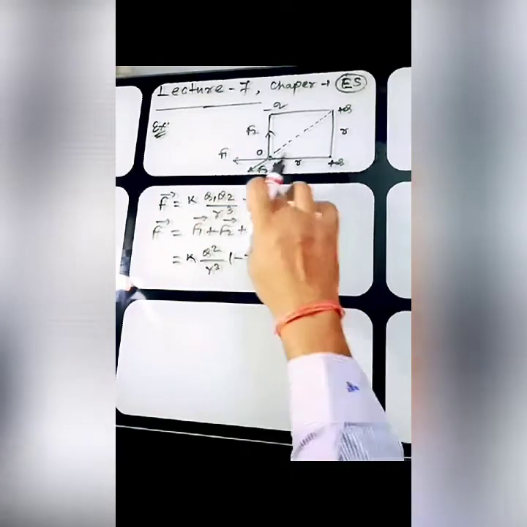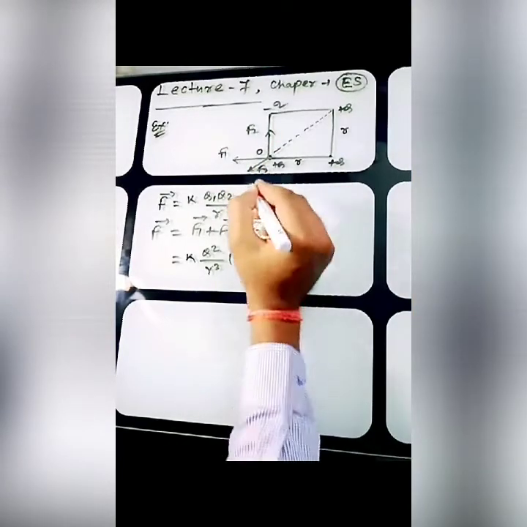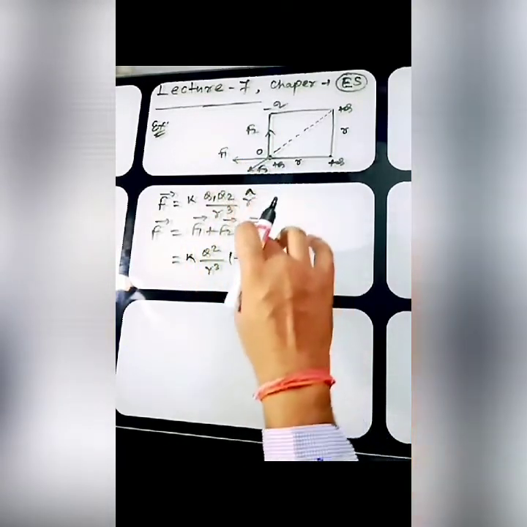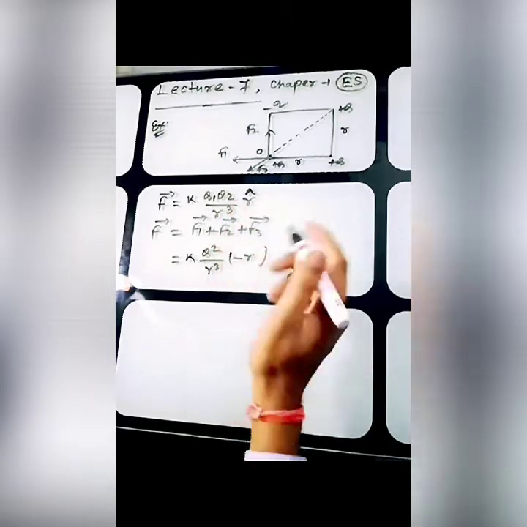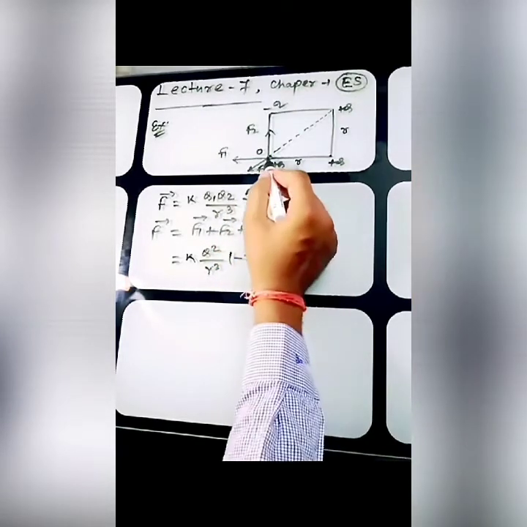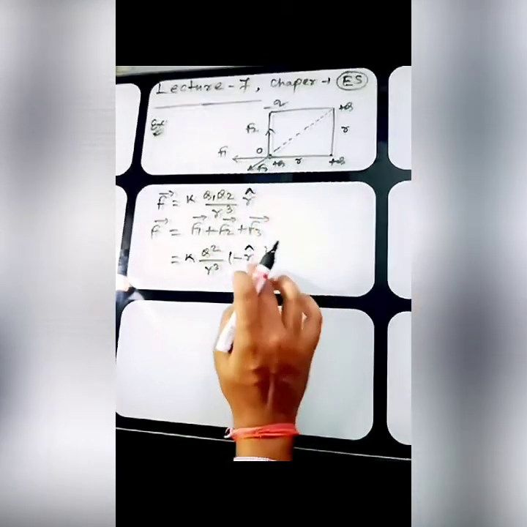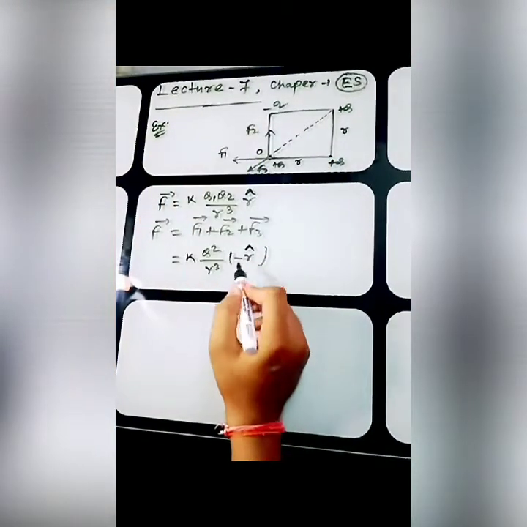I think we have put here the unit vector if it is R cube. So it is a unit vector. This direction I am using as minus R cap.